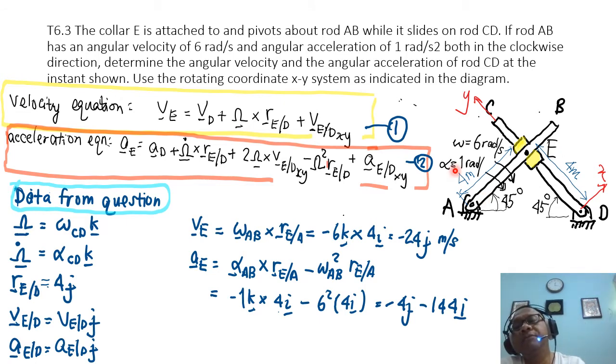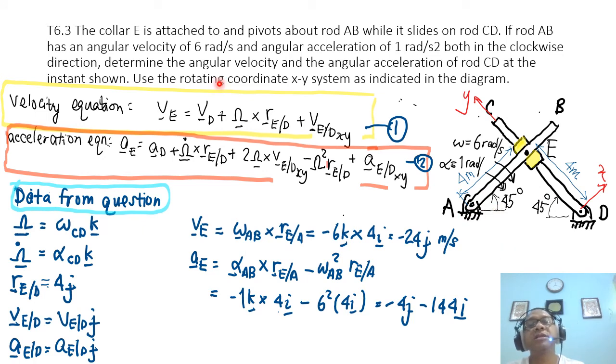AB is rotating at 6 radian per second and accelerating at 1 radian per second square in the clockwise direction. The angle of AB is 45 degrees to the horizontal, and the angle of CD is also 45 degrees. The length ED is 4 meters and AE is also 4 meters, so you have a 45 degree triangle.